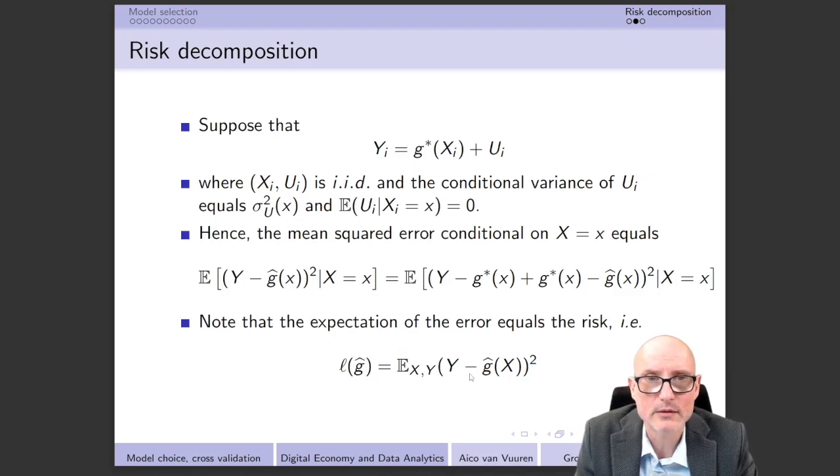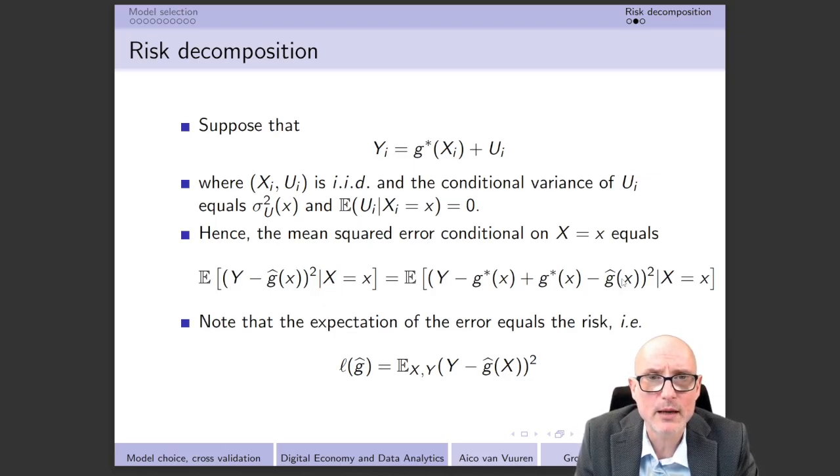The first thing I'm going to do in order to rewrite this is to subtract and add g star x within the parentheses. So here I first have minus g star x, and then plus g star x. This is of course a very trivial step, but then the next step is to work out the squared term. I can square these two terms, I can square these two terms, and then I get a final term which is this thing multiplied by that thing, and then multiplied by 2.